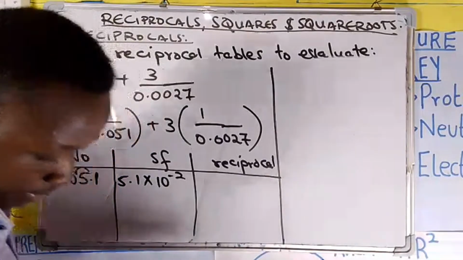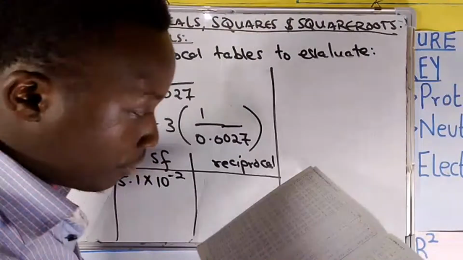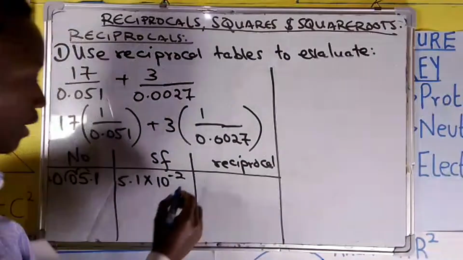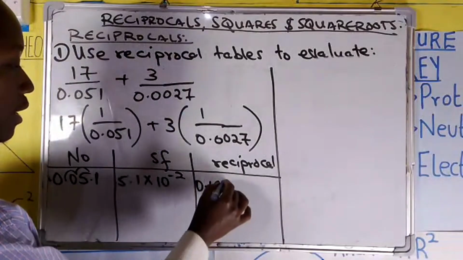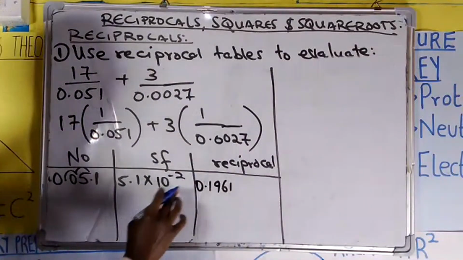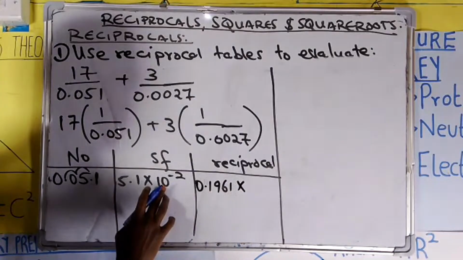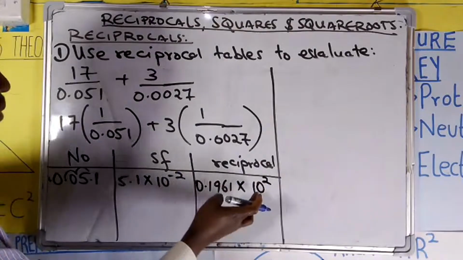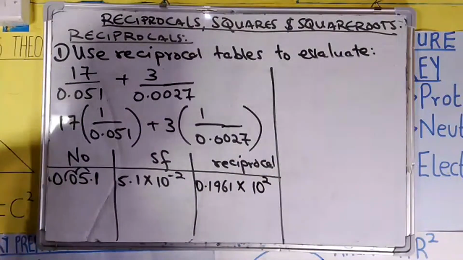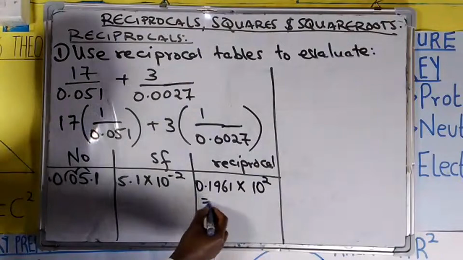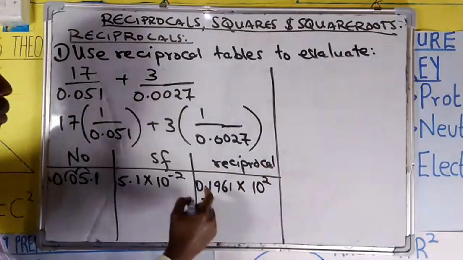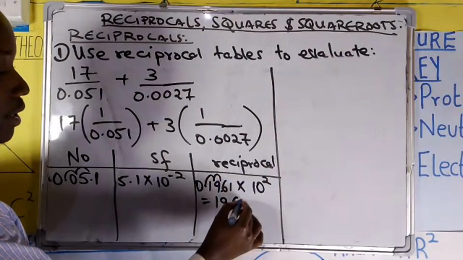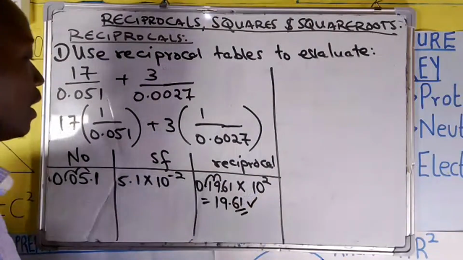Using our table, the reciprocal of 5.1 is 0.1961. The reciprocal of 10 to power negative 2 is 10 to power 2. So times 10 to power 2, we take the decimal two places to the right, and we get 19.61. We are done with that one.